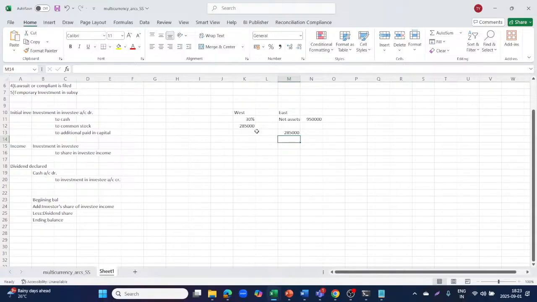So there is no goodwill, no capital profit or capital loss. The investment amount equals 30% of the net assets that you are getting. East had a net income of 1 lakh and has paid a dividend of 50,000.